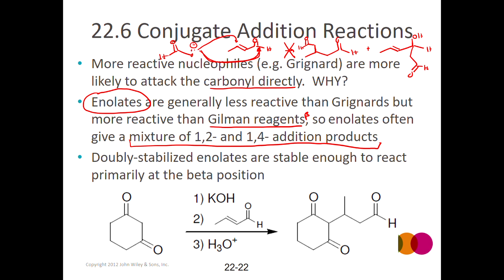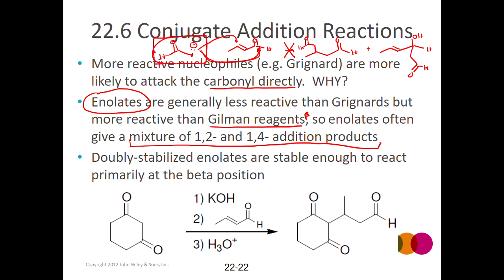So if we want to avoid a mixture, we need to stabilize the enolate so it's not so unstable and so strong, and that will decrease how often it attacks the carbonyl carbon and make a much higher yield of it attacking the beta carbon.